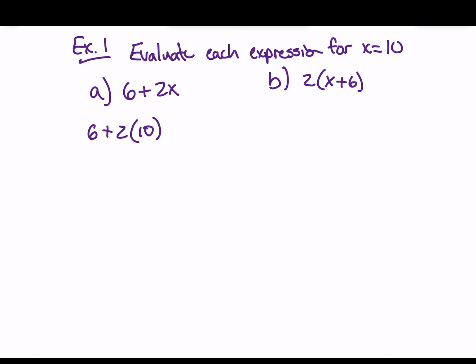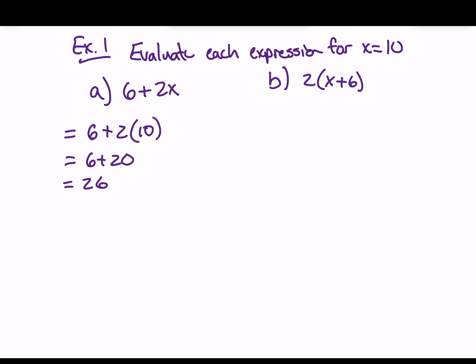Okay, now we can evaluate. We'll do the parentheses part first. You don't have to have the parentheses there, but that's just so we know that it's 2 times x, or 2 times 10. So we do that first. So 6 plus 2 times 10, which is 20, and 6 plus 20 is 26. So that would be our answer in part A.